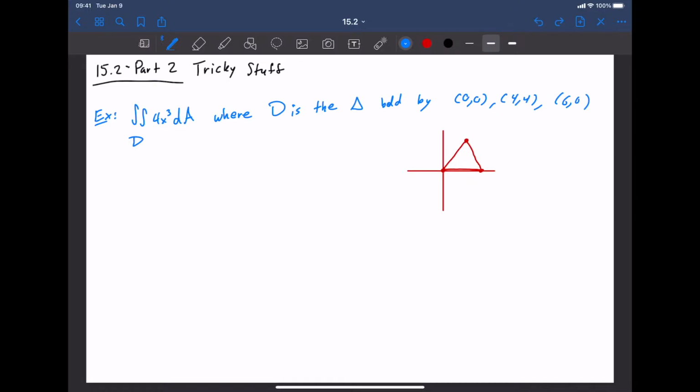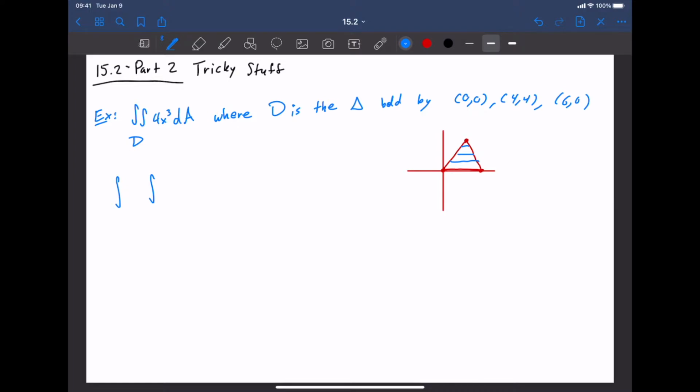So this is one situation where we definitely want to use our x values first, where I want to go left-right, because no matter where we are in the region, our left-right limits are clear and are the same.